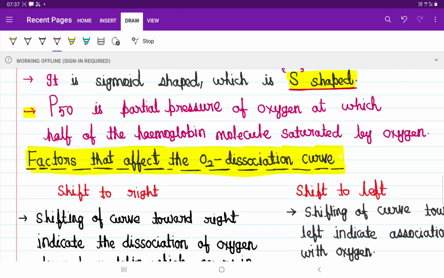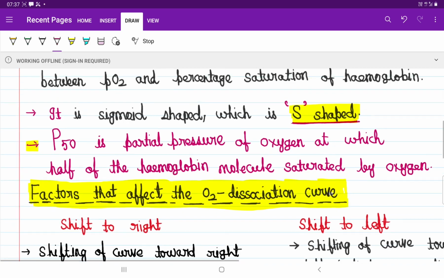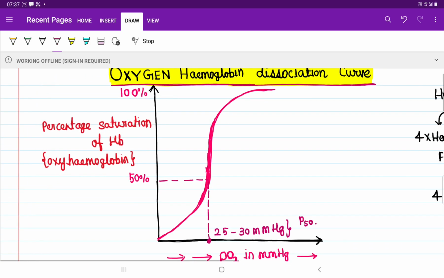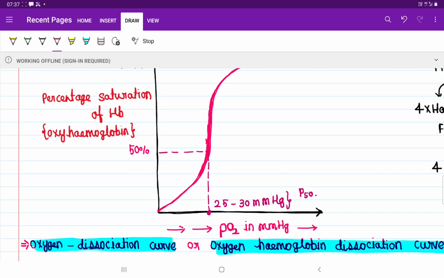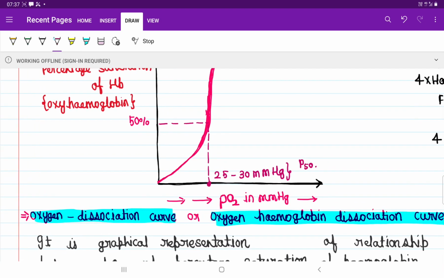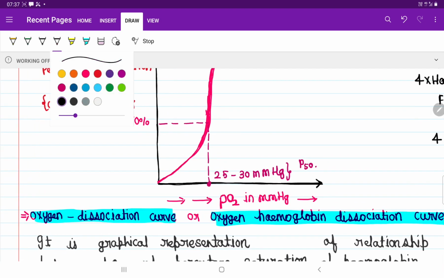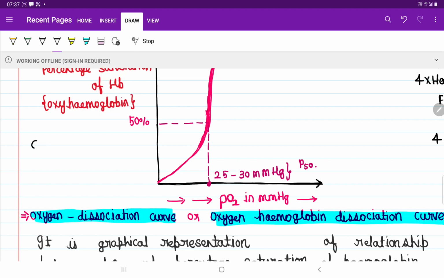Now it is observed that the binding of oxygen and hemoglobin is not merely regulated by the partial pressure of oxygen, but other factors also have a great role. Like in Indian marriages, suppose this is a boy and this is a girl.